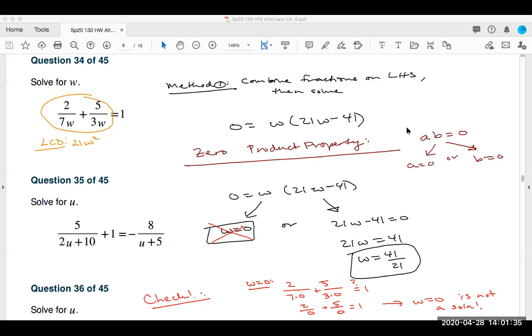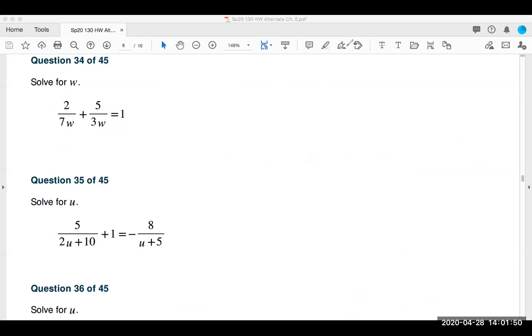Now, similarly, when you check, you can actually plug your W value into here. I would suggest using a calculator for this kind of check. Let me clear all this out. Okay, so next check.